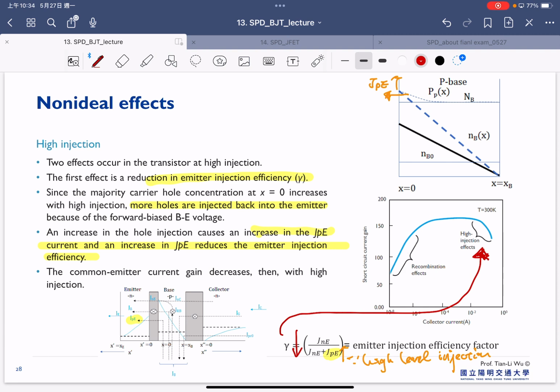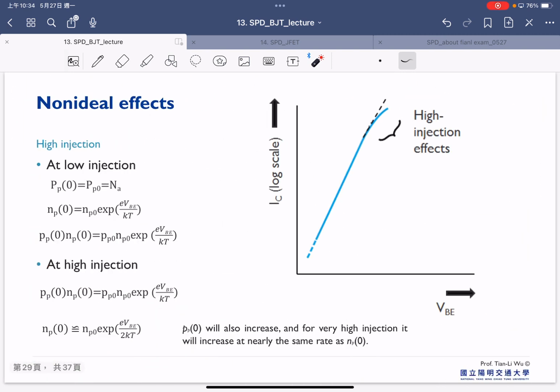So that's why, again, we have to understand the current contributing factors inside, because this can help us to analyze some additional effects here, for example, the high level injection. And if you look back to the IV curve for IC versus VBE, the most important thing for the high level injection is that we reduce the current gain.